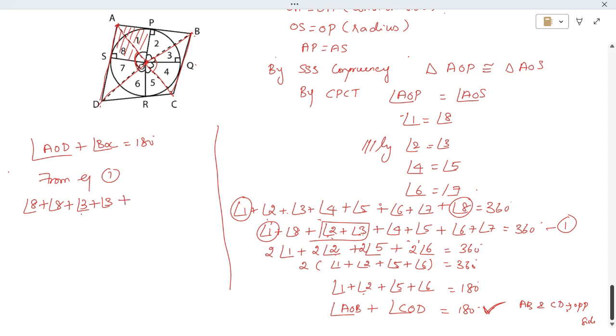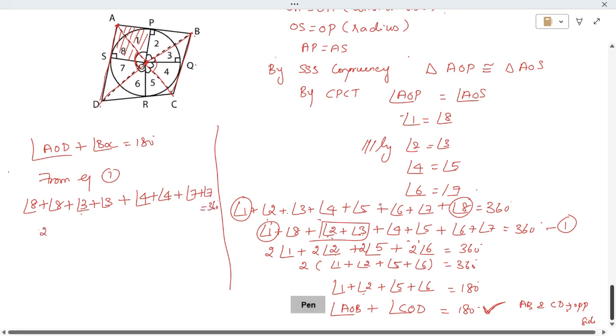Okay, and angle 4 is equal to angle 5, isn't it? So that I am replacing as angle 4. Got it? And angle 6 and angle 7 are equal, so that I am replacing as angle 7. Okay, is equal to 360.